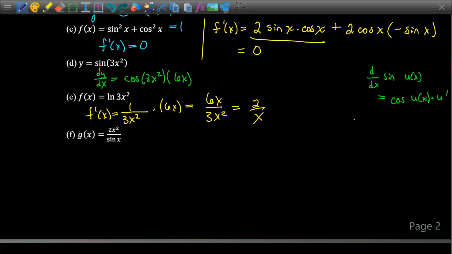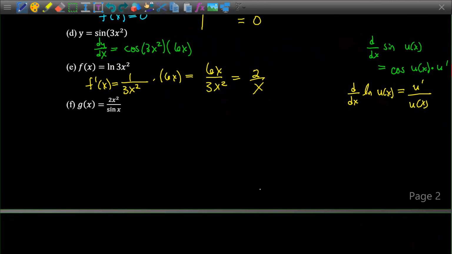And by the way, what we did over here, if you have natural log of something other than just x, then you can think of it as a function of x, u of x. And that derivative is going to be u prime over u. And for this one, I'm going to use the quotient rule.